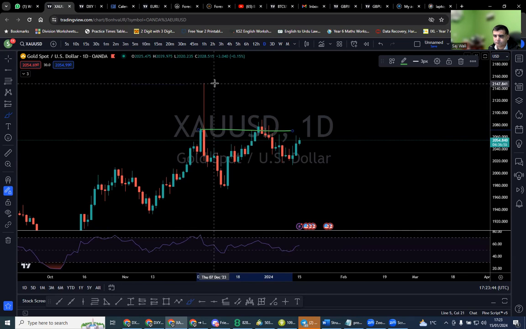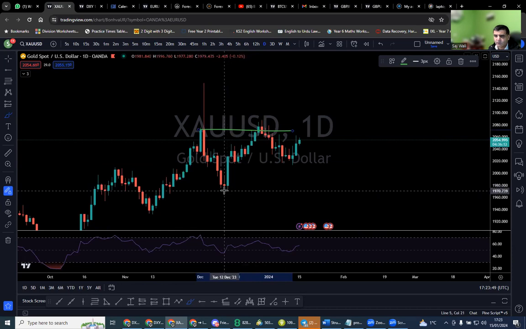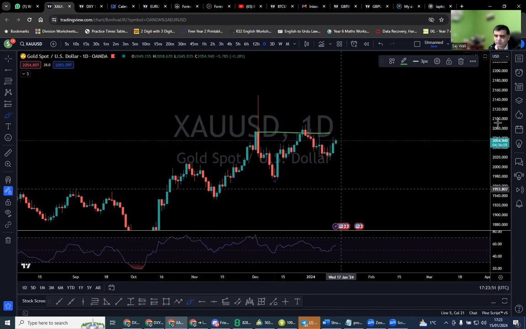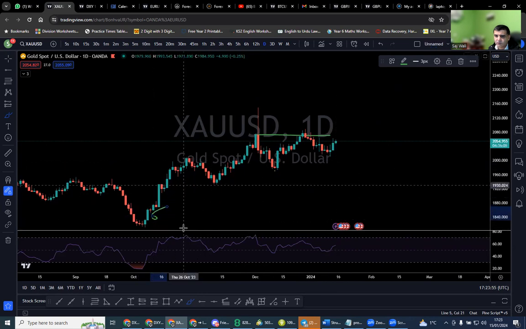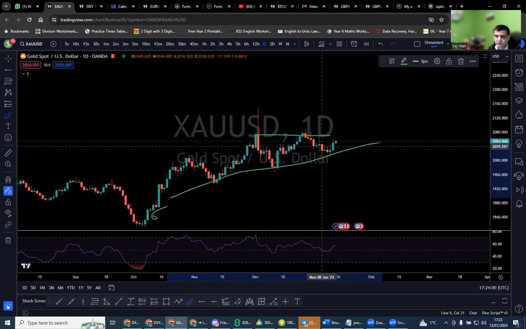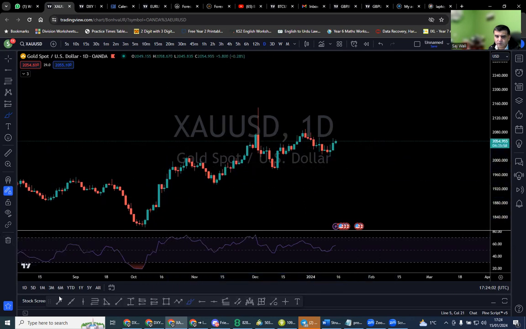So that's what I would expect. And even on daily, you can see the gold structure is bullish. Let me mark this trend line.